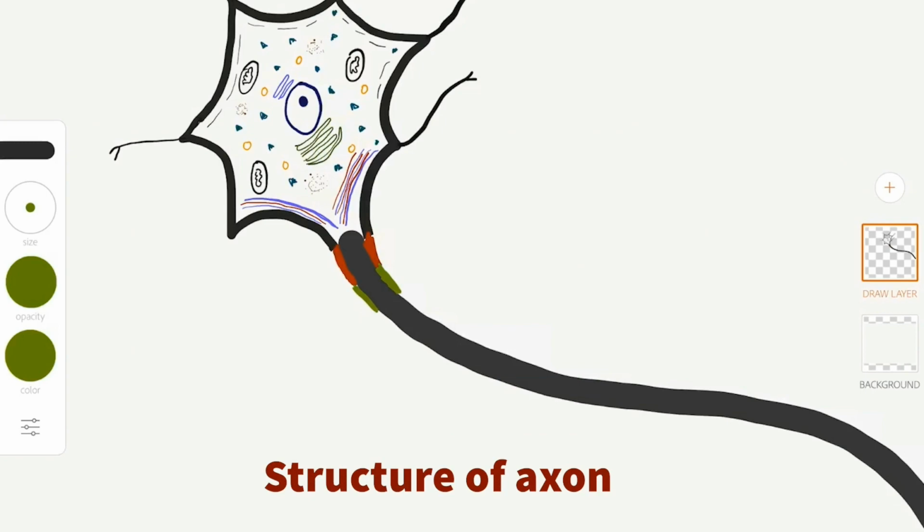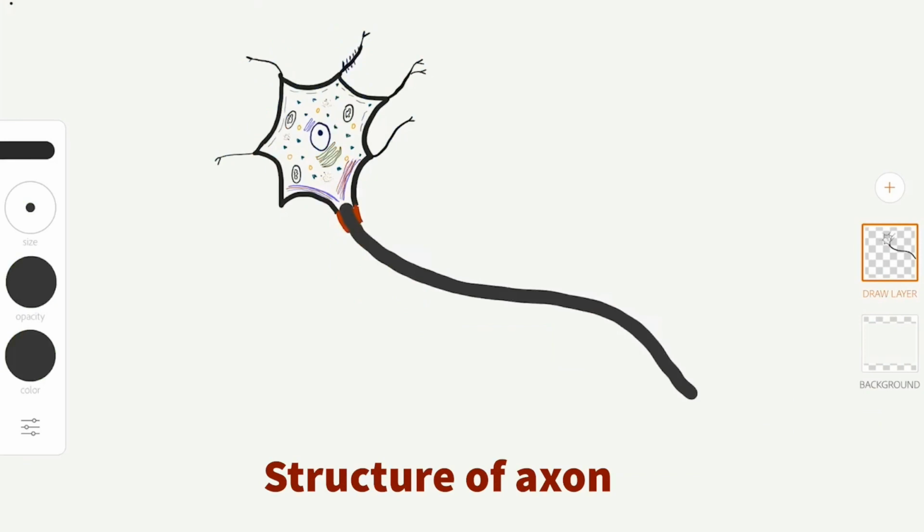The plasma membrane which surrounds the axon is referred to as axolemma, and the cytoplasm of the axon is referred to as axoplasm. The axoplasm does not contain Nissl granules and Golgi substance. The terminal portion of the axon branches profusely, and each branch shows enlargement.